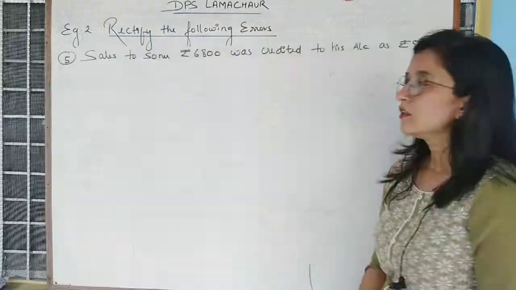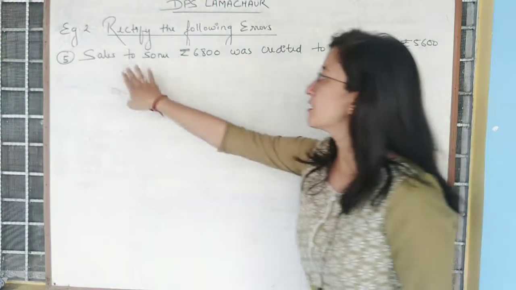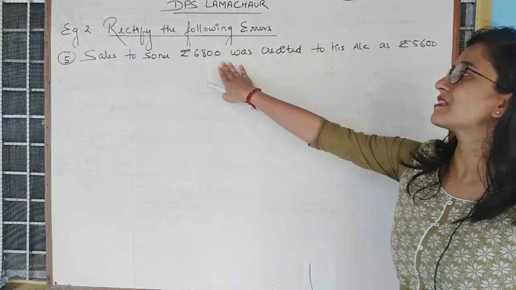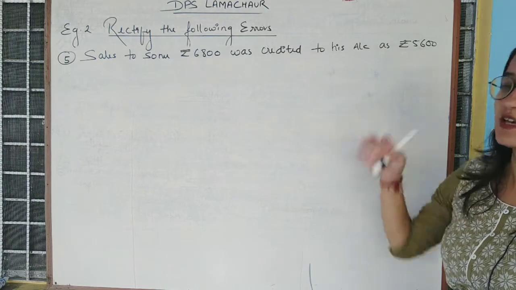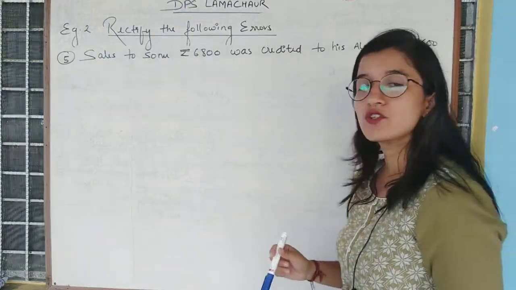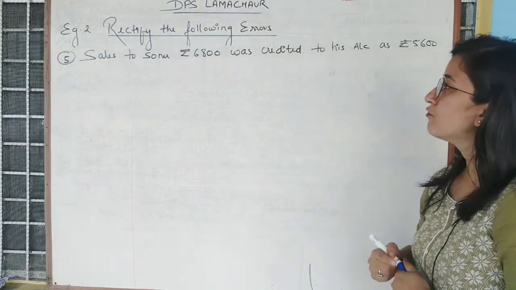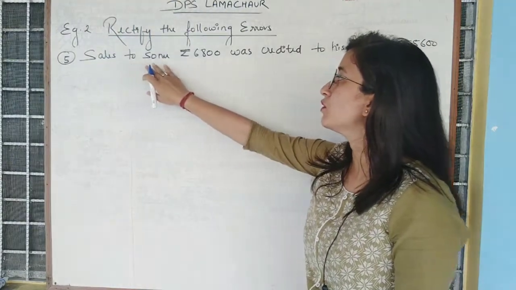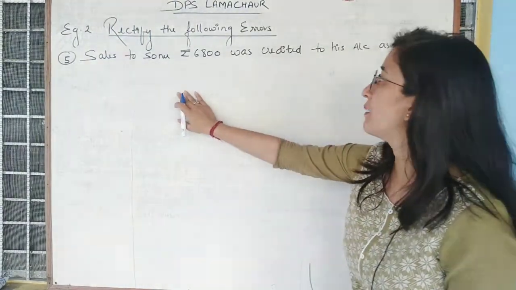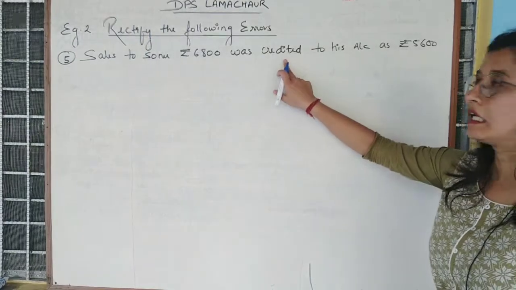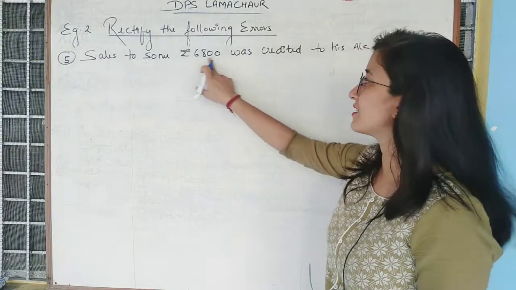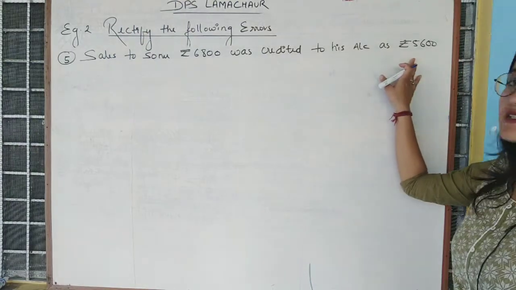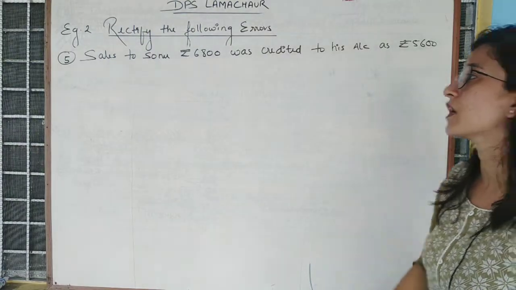Now the last transaction is sales to Sonu rupees 6,800 was credited to his account as 5,600. Now in this transaction also there are two errors. First is when goods are being sold to Sonu, Sonu's account should be debited but it is wrongly credited, and the amount of goods sold to Sonu is 6800, but 5600 is recorded in Sonu's account.